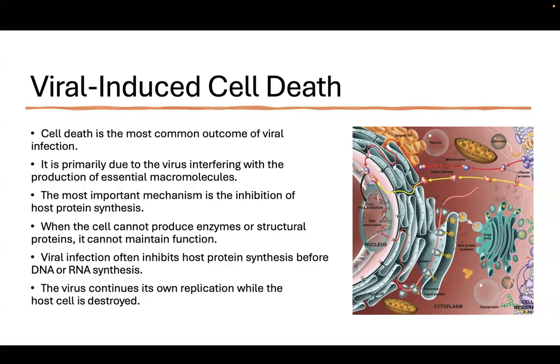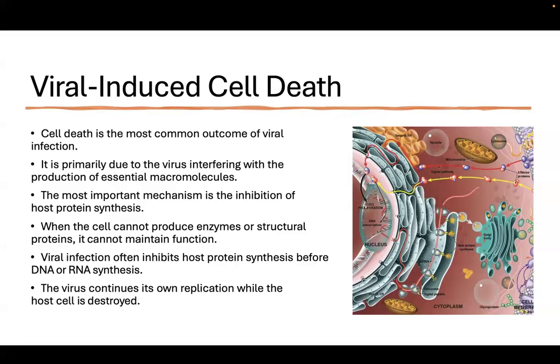So what happens technically is a virus comes inside the cell and it's going to literally rob its machinery, specifically ribosomes, or other machinery that is needed for translation or transcription. That is what makes cells sometimes die because of viruses.